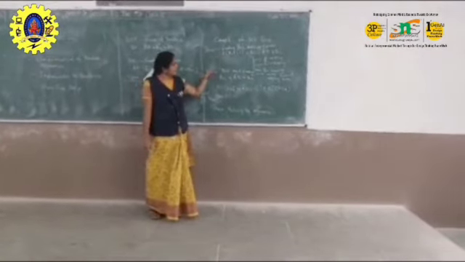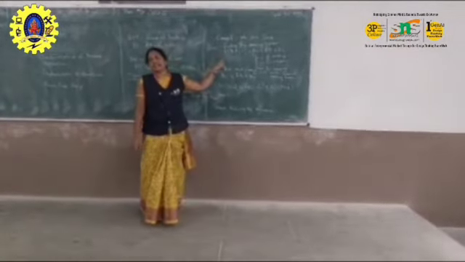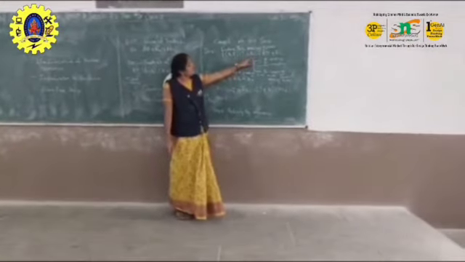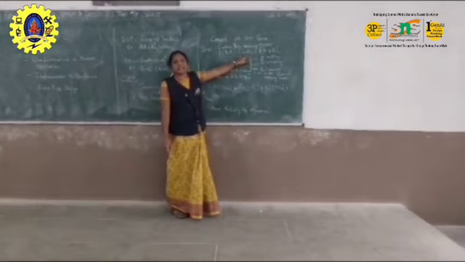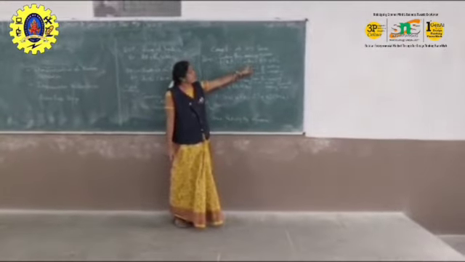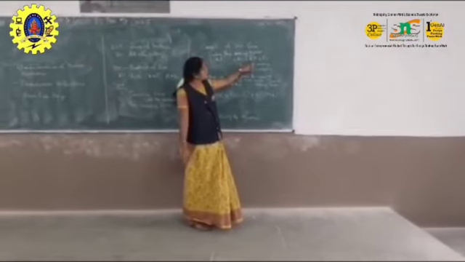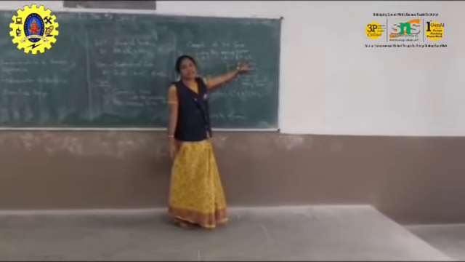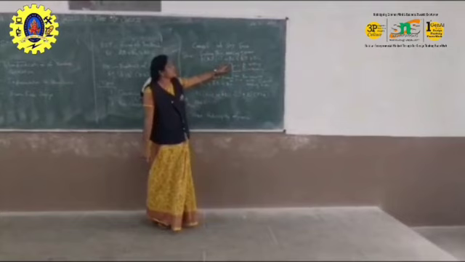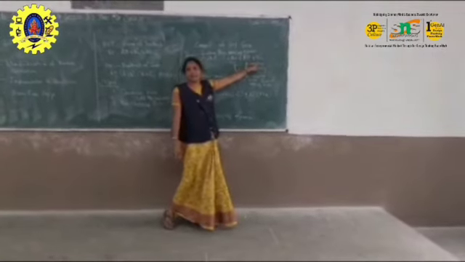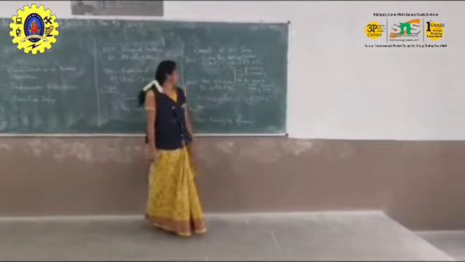Step one is finding the missing term. In the first term, which variable is missing? B. In the second term? C. In the third term? A is missing.